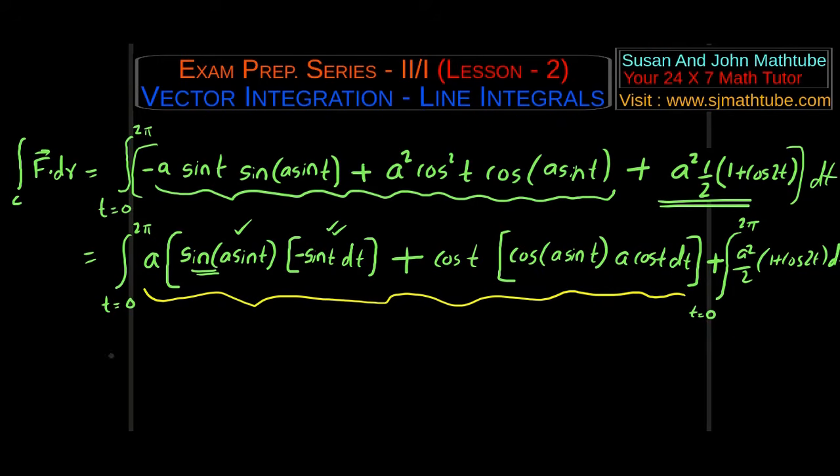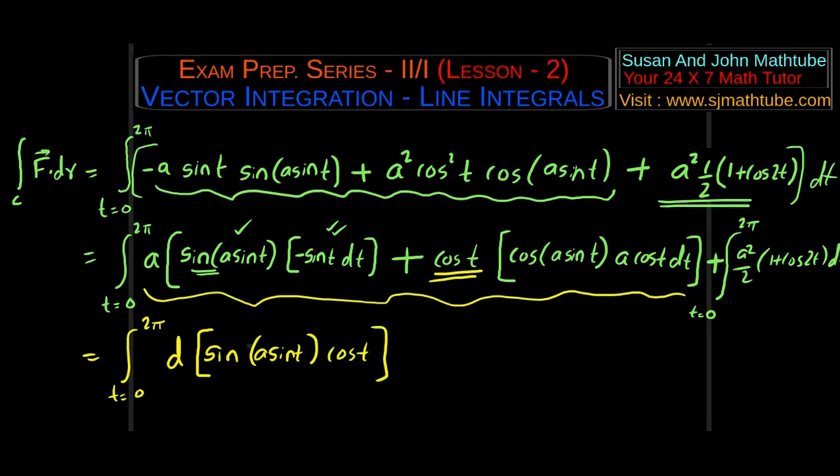So the first integral is going to be from t equal to 0 to 2 pi, the differential of sine a sine t, and this is the second function, into cos t. You can check it once more and don't forget this a.